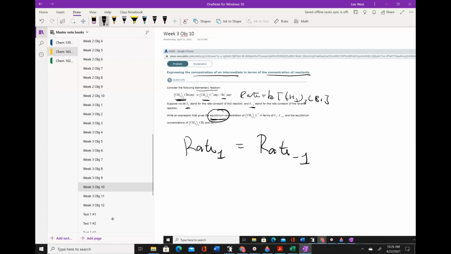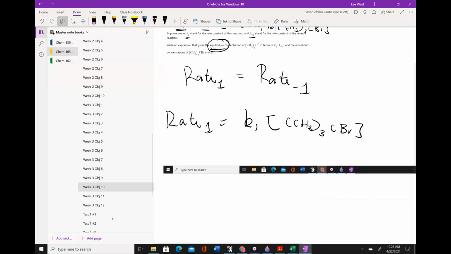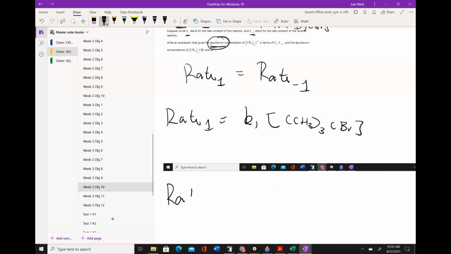Now we already know that the rate of 1 is equal to K1 multiplied by the concentration of our reactant to the power of 1. So what about the reverse reaction?